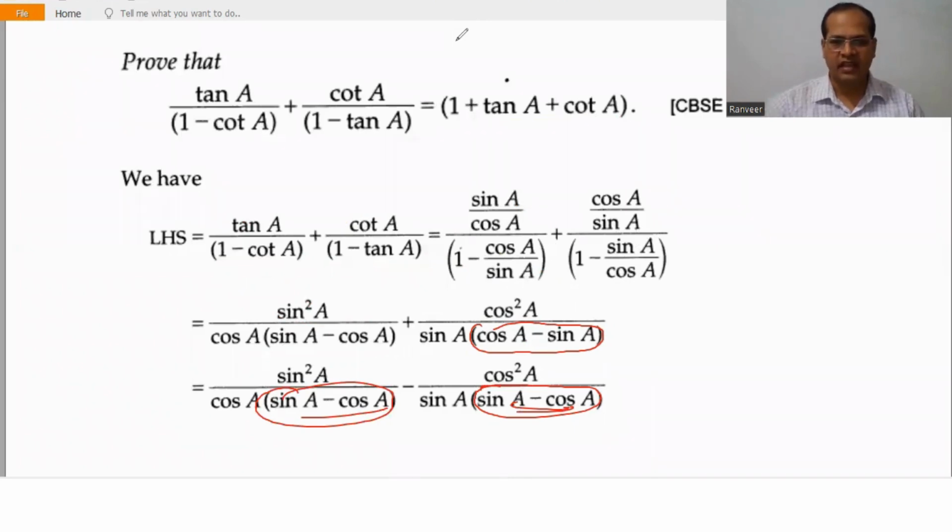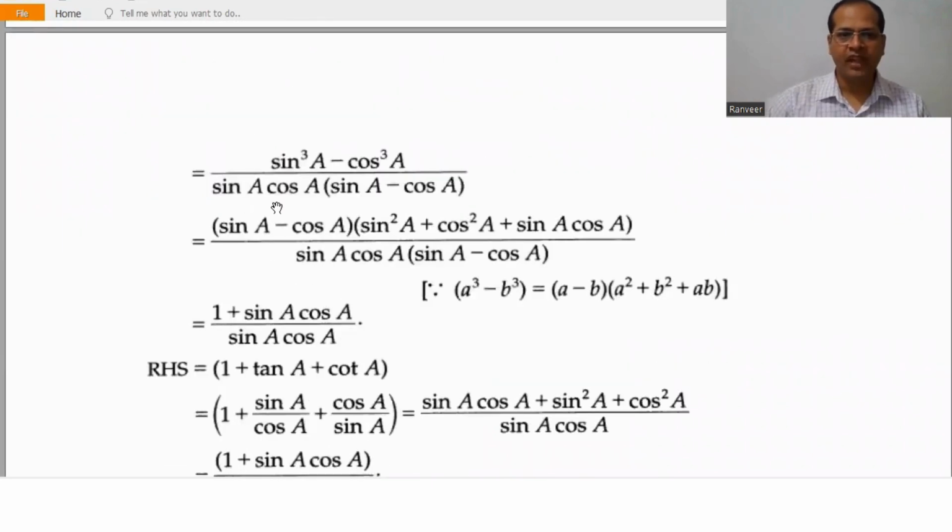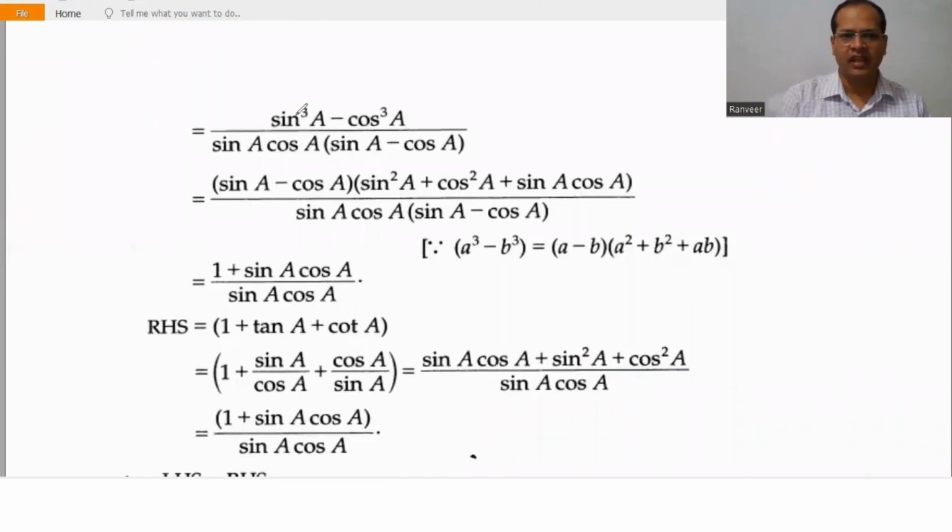After that, just taking the LCM, sin A cos A, sin A minus cos A, and this becomes sin cube A minus cos cube A. You have to solve, and after that we have to apply the a cube minus b cube formula: a minus b, a square plus ab plus b square, a square plus b square plus ab. So this value is 1.